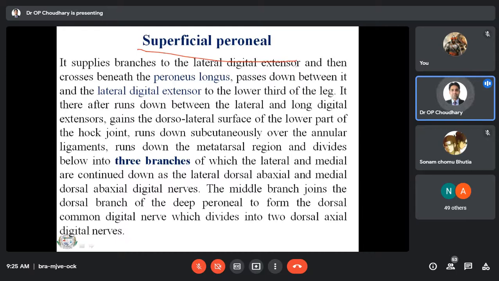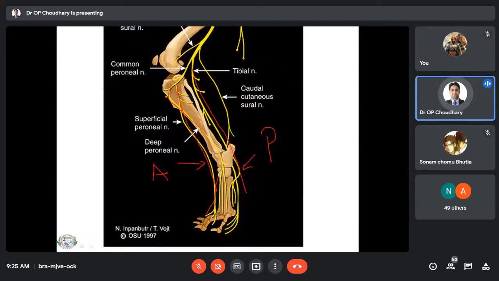These are the three nerves: superficial peroneal, deep peroneal, and the tibial nerve. They usually reach up to the digits, and they supply the muscles present over the metatarsus and the digits.